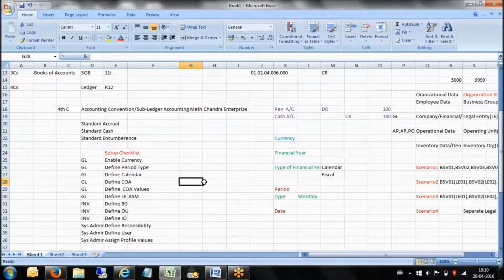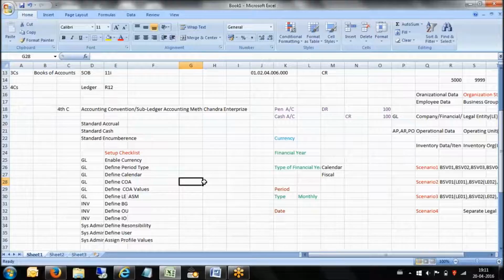But report to us in my currency. Right, so that's where this reporting currency concept comes into the picture, where from your functional currency you are reporting your balances into a different currency.